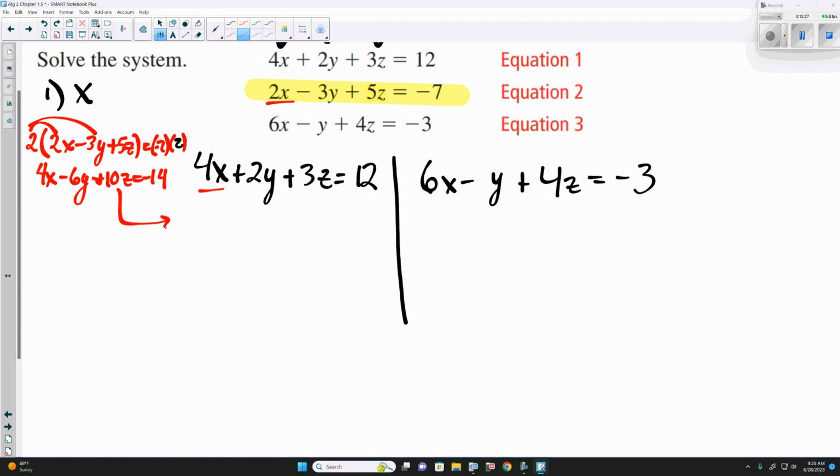Any questions on how we got this equation here? We good with what we've done so far? Questions? Because once we get this, we're going to put it right underneath.